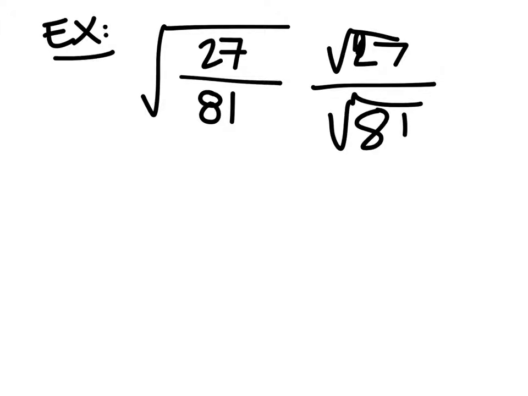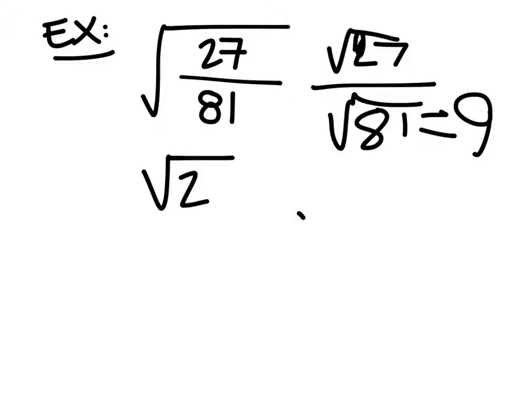So the square root of 81 is 9. But then we have to simplify 27. So we have to split it, 9 and 3.